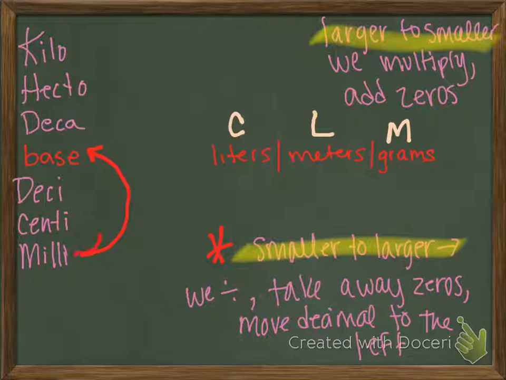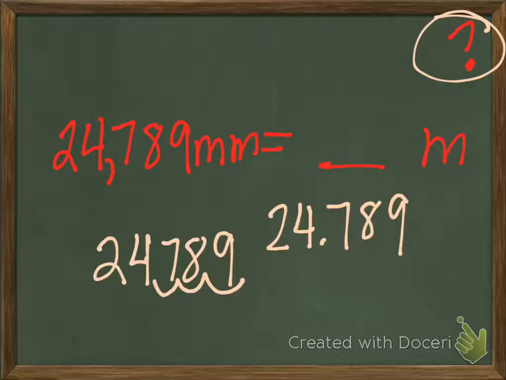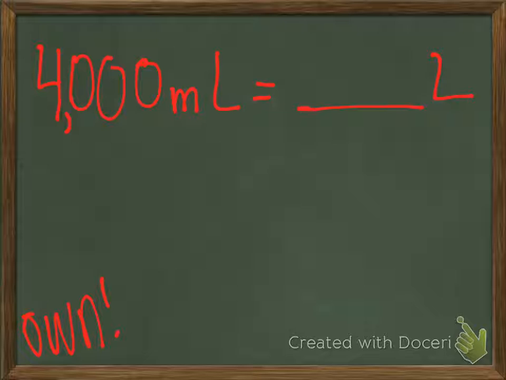So we're jumping up 1, 2, 3. So how many zeros would we take away? Go ahead and do this problem. All right, so we should have taken away 3 zeros. So 4,000 milliliters equals 4 liters. So easy, so much easier than the other stuff that we use here in America, right?